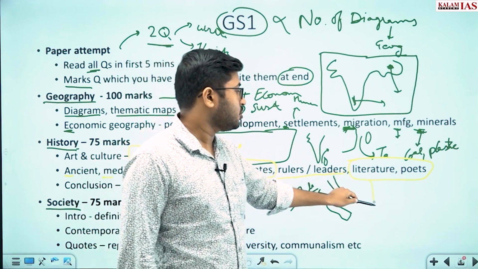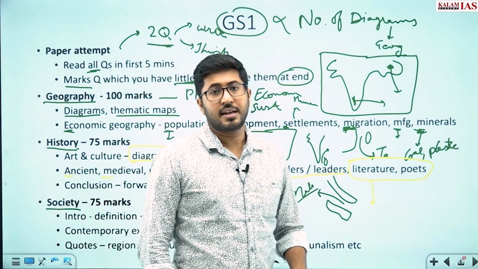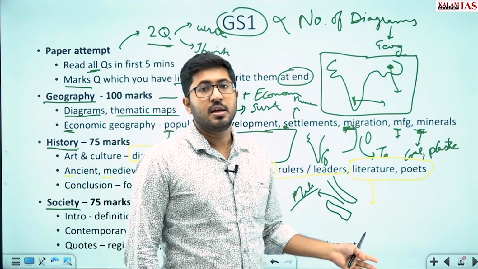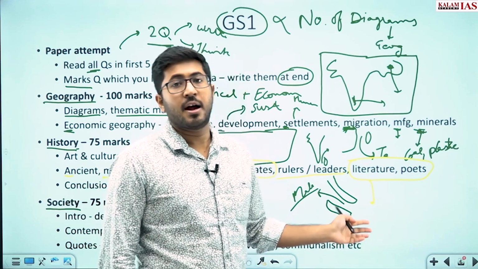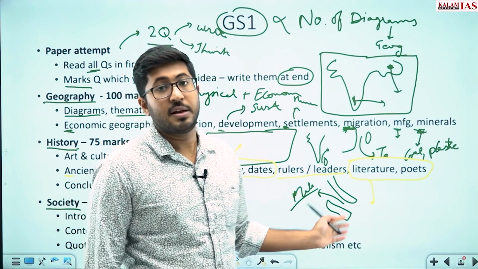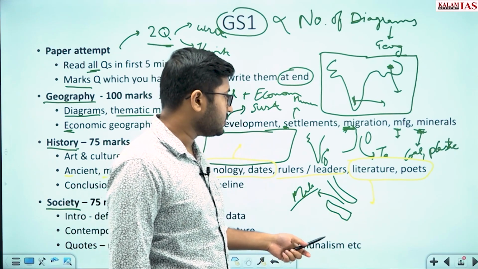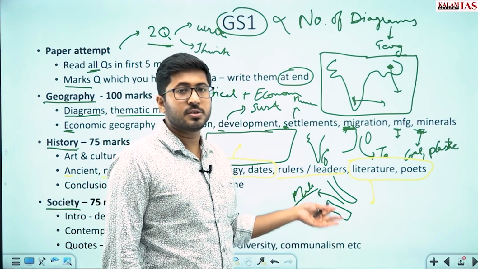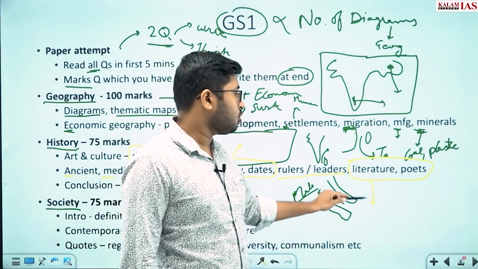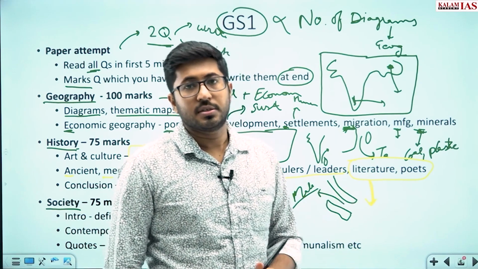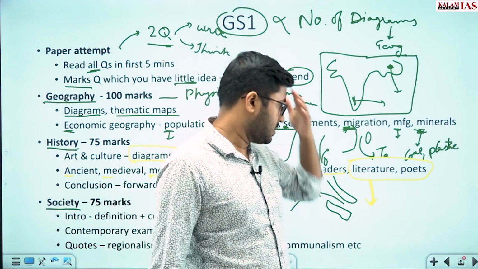And in ancient times also we have a lot of poets and works: the Prayag Prasasti, Harisena, Banabhatta, Kalhana and Bilhana, the Rajatarangini, then Kalidasa, who wrote a lot of novels and books. So you can quote these poets and literature and link them with the question. That will again add value to your answer.